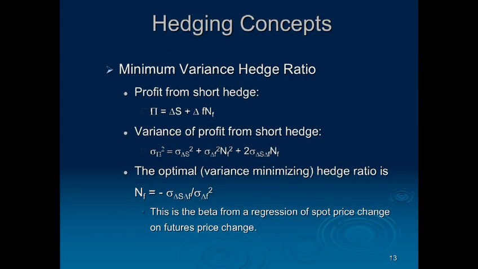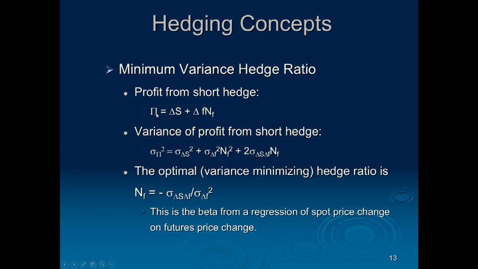The profit from a hedge doesn't actually have to be a short hedge. It could be a long hedge. It's immaterial. The profit from a hedge is going to be equal to changes in the spot price plus changes in the futures price multiplied by the number of futures contracts. Obviously, you're going to take an opposite position in the futures to the spot, right? But other than that, that's your profit. You want it to be basically zero.